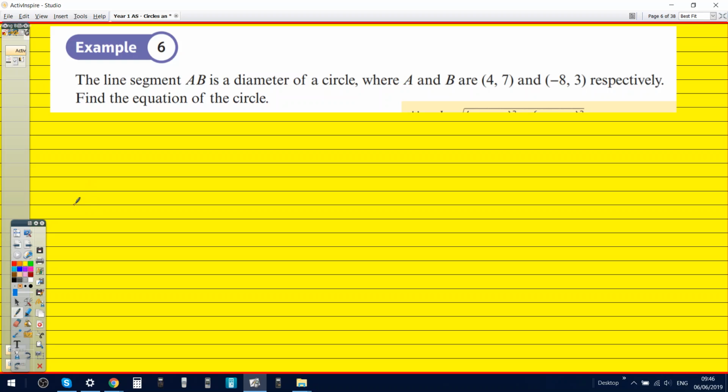Okay, how about this? Let's find the centre first. So 4, 7.